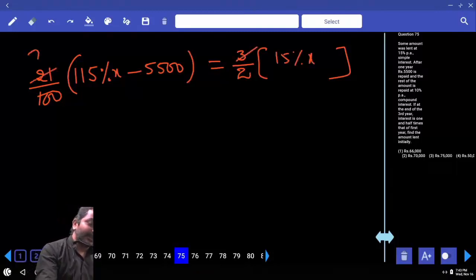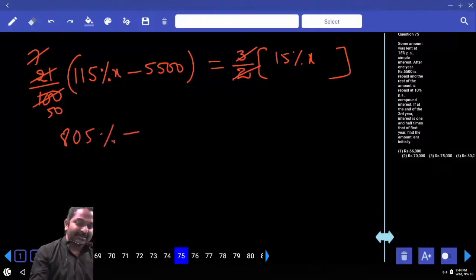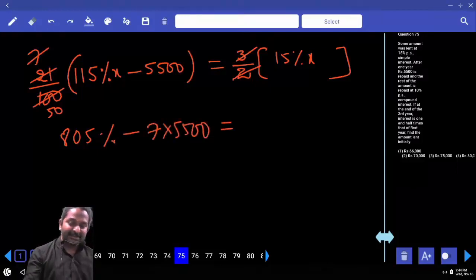Then 805% of x, correct? Otherwise, you can directly consider percentages also. 805% minus 7 times of 5,500. Don't write it. Next, which is equal to 50 times of 15%.